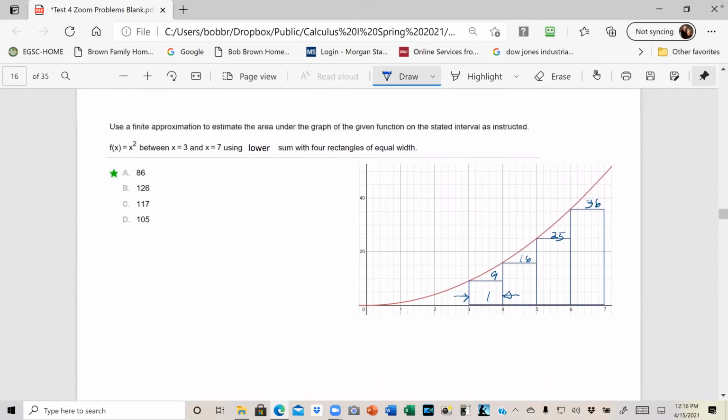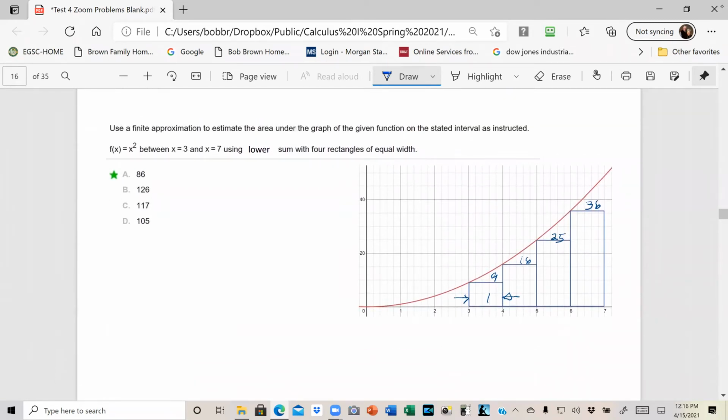Now let's look at doing a lower sum, which will be a lower bound. And we're still going to go from 3 to 7. The width of each rectangle is still going to be 1. But if we draw a rectangle here at the top so that the entire rectangle is underneath the curve, we would take the height of the rectangle to be f of 6, which will be 36.